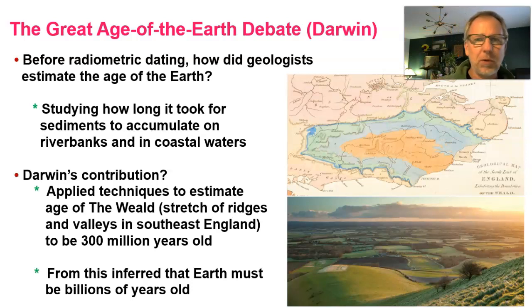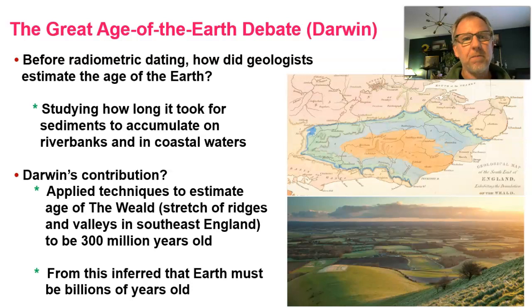So not super reliable, but those methods were beginning to suggest that the Earth was much, much older than what, say, the biblical creation stories said. These methods suggested that the Earth was tens of millions of years old.